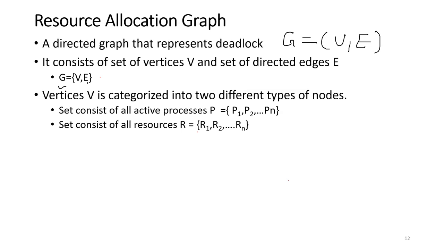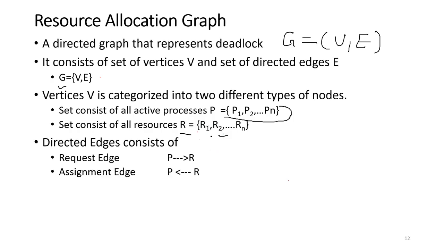The first set is P, having n number of processes, consisting of all active processes. Then another set consists of all resources R, having n number of resources.